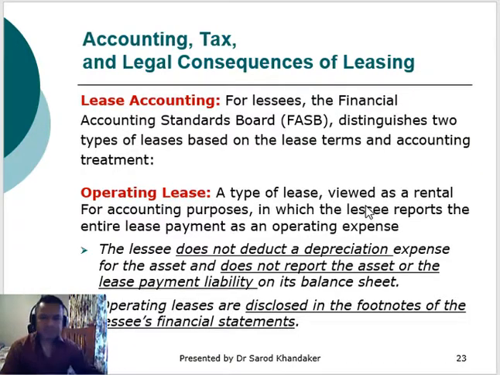For taxation purposes and legal consequences, leases can be divided basically into two categories. One is called the operating lease. An operating lease is a type of lease viewed as a rental for accounting purposes, in which the lessee reports the entire lease payment as an operating expense.